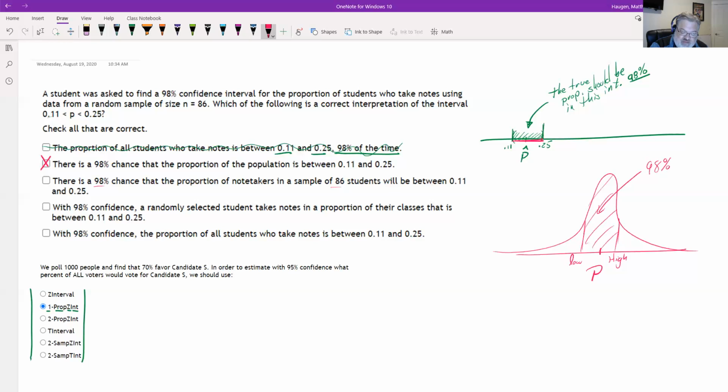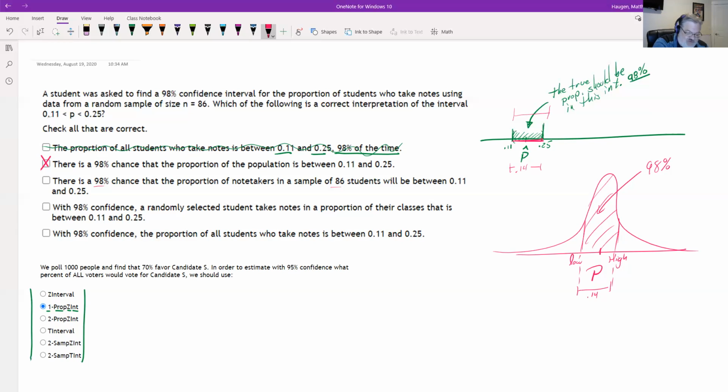And that range would be the same width as this range, but the centers are different. How long is that range? 0.14 is how long that is, right? So this range around the true proportion would still be 0.14, but its high and low actual values would be different because it's centered around the true proportion as opposed to being centered around the sample proportion.